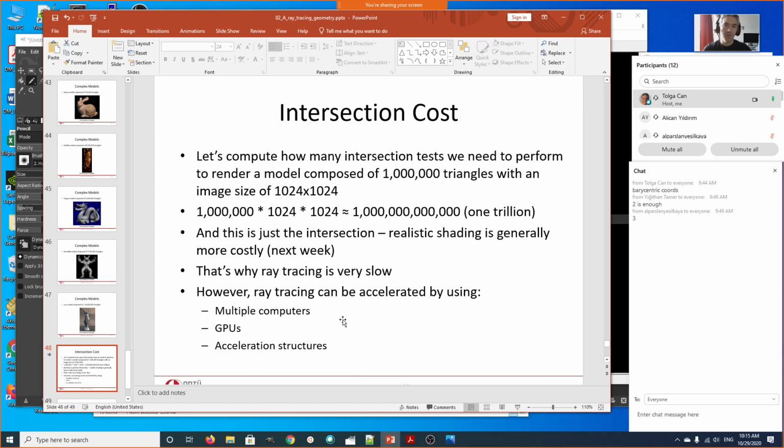One way is to have an index structure on the scene. Another thing is, if you have noticed, ray tracing is what in parallel computing people call embarrassingly parallel. When something is trivial to parallelize, this term is used.